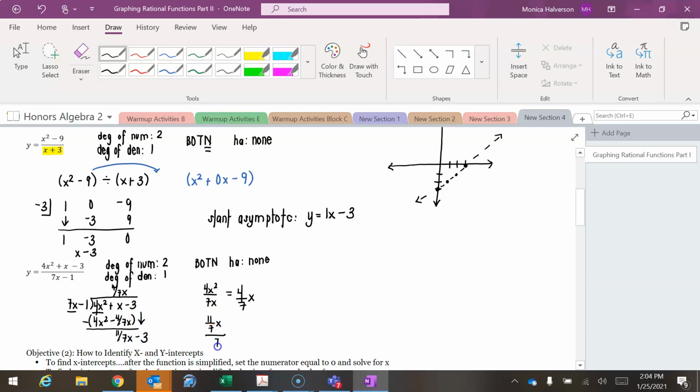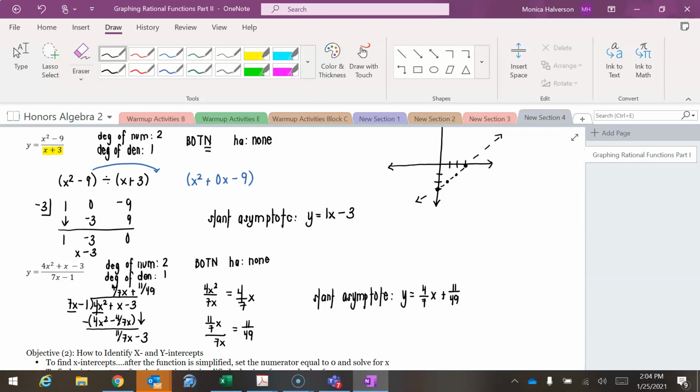So 11/7 x divided by 7x is going to equal 11/49, so we have plus 11/49. We can stop there because the remainder does not make any difference when graphing the slant asymptote. So the slant asymptote is y equals 4/7 x plus 11/49, and that's what you would graph if you were asked to do so.